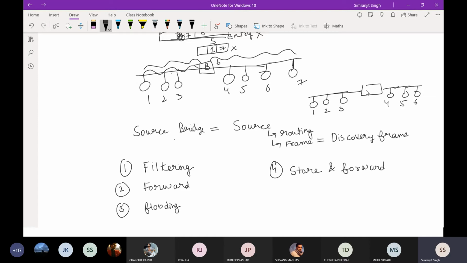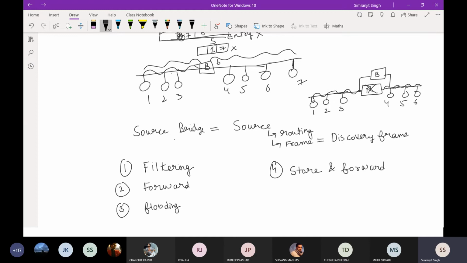If this particular device is a repeater, and you want to send a message from 1 to 3, what will happen? This message will go towards 3, and it will also go towards the repeater, which is a dumb device. It will again send the message across the other part of the network. So that I do not want. But if I do not use a repeater and use a bridge here.